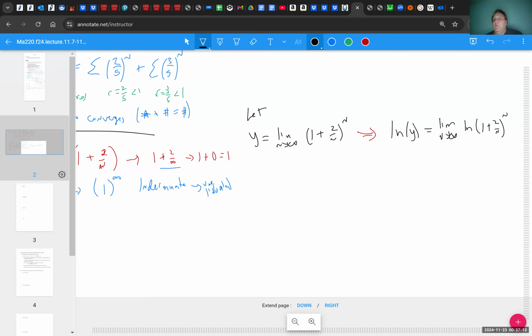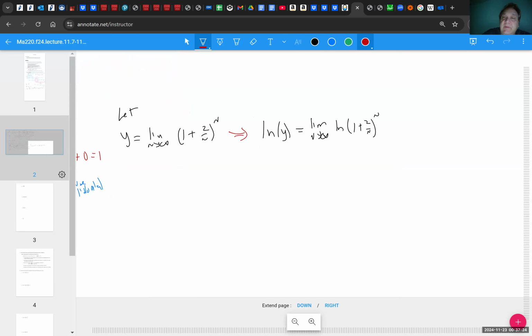All right, so now what does the ln do? It allows us, if you remember before, to bring down the exponent n as a multiplier in front. So this becomes, I still have my ln y on the left side.